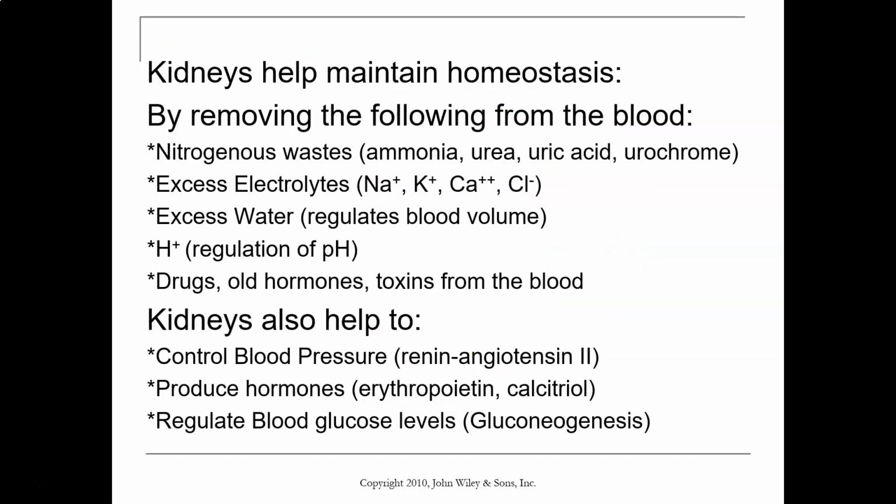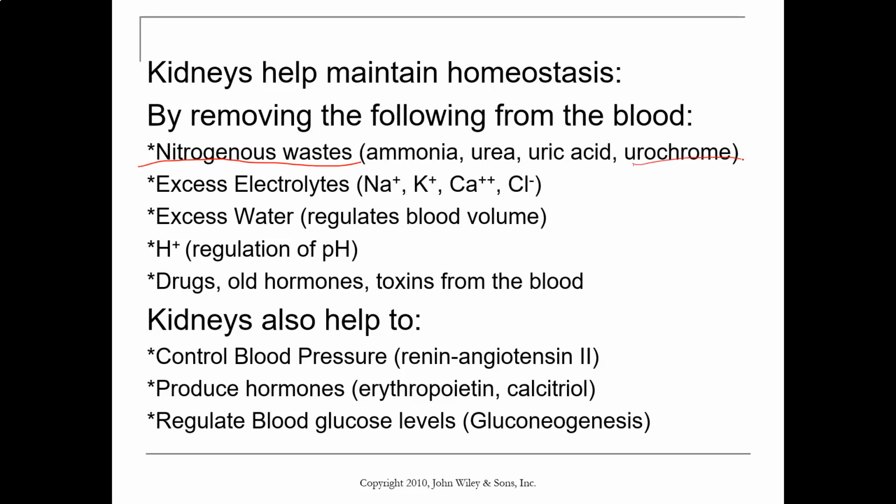Okay, now this slide shows the functions of the kidney. So mainly it is to remove various substances from the blood, and one of the main ones are nitrogenous wastes, which just means waste products that contain nitrogen, like ammonia, NH4+, urea, uric acid, urochrome.